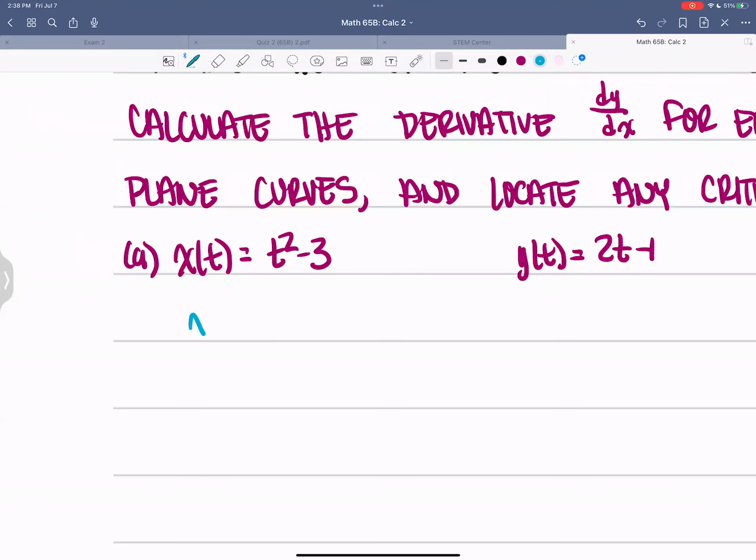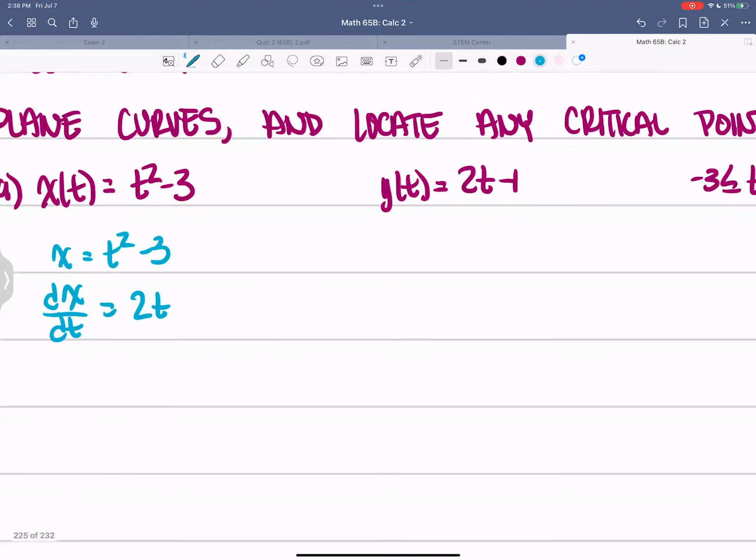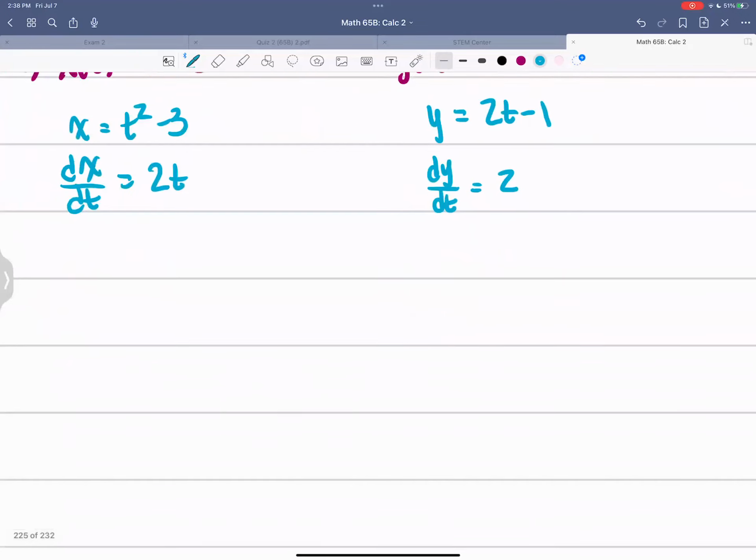So we have x is equal to t squared minus 3. And let's take the derivative. So dx/dt is going to be equal to 2t. All right, there's that. Let's find y. So y is equal to 2t minus 1. dy/dt is equal to 2.